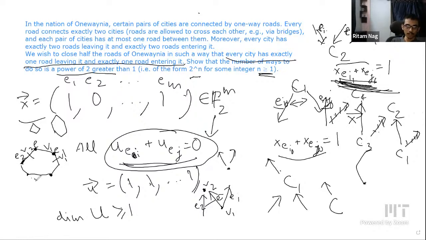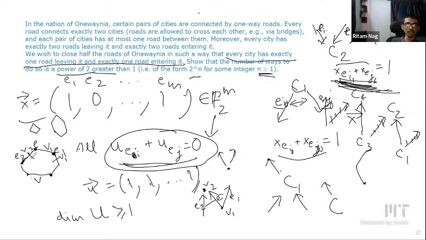And since each edge in the new graph corresponds to a vertex in the old graph, you can't just leave both of the edges next to it untaken, because the vertex is not going to be happy about it. It wants to have at least one outgoing and at least one incoming edge.